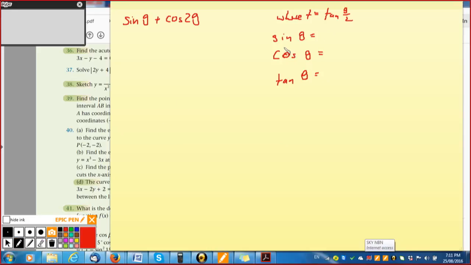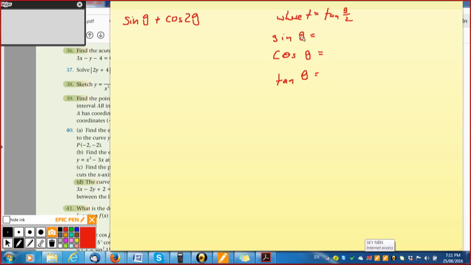Okay, now, if t is equal to tan theta on 2, what you'll find is that sine, cos, and tan have their own specific formula.